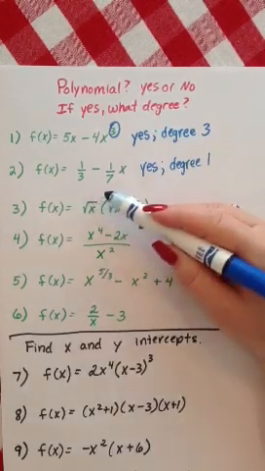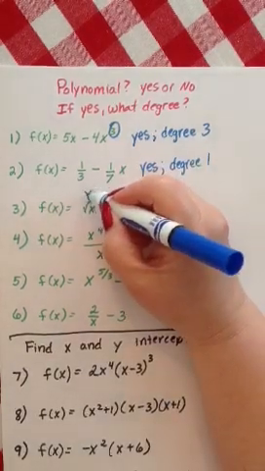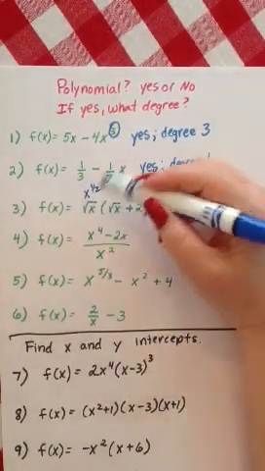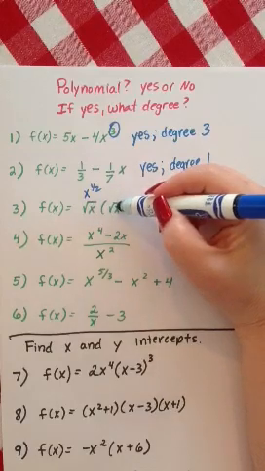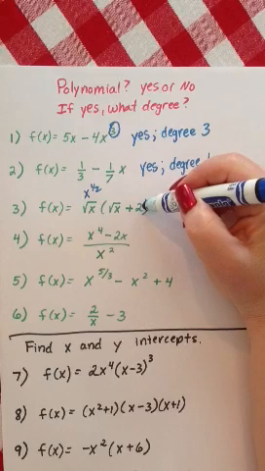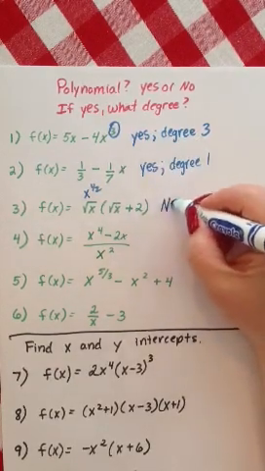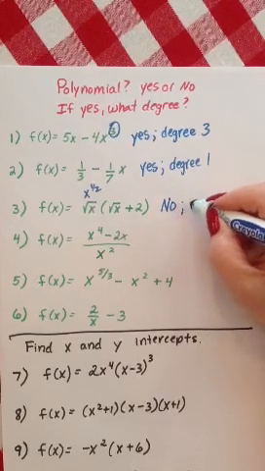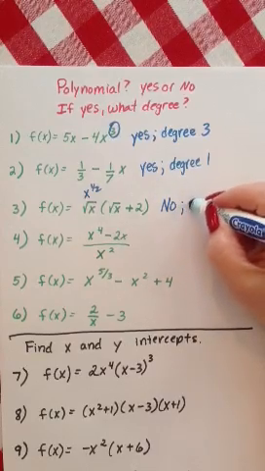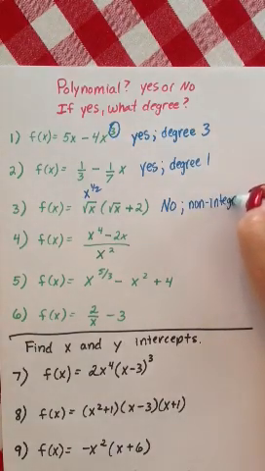Next, square root of x times square root of x plus 2. Remember that square root of x is the same thing as x to the 1/2. Now, square root of x times square root of x just gives you x, but square root of x times 2 gives you 2 square root of x, which is 2x to the 1/2. So we would say no, it's not a polynomial because of non-integer exponents.